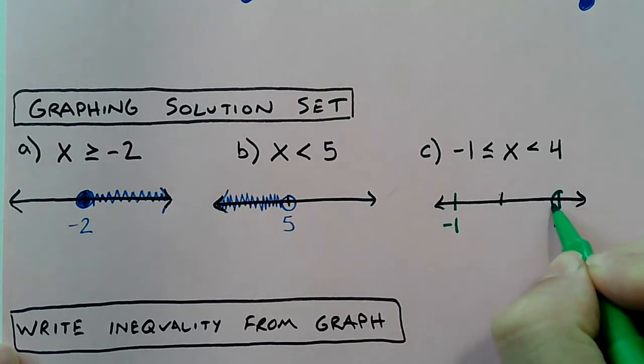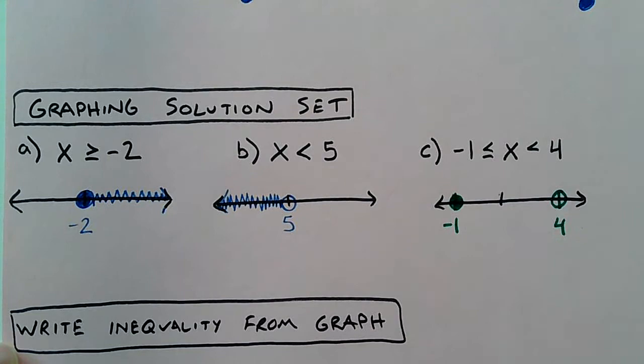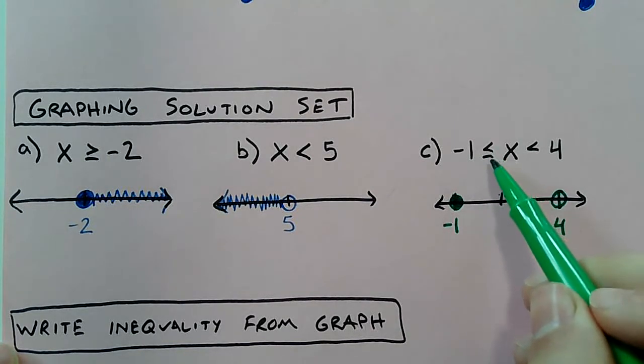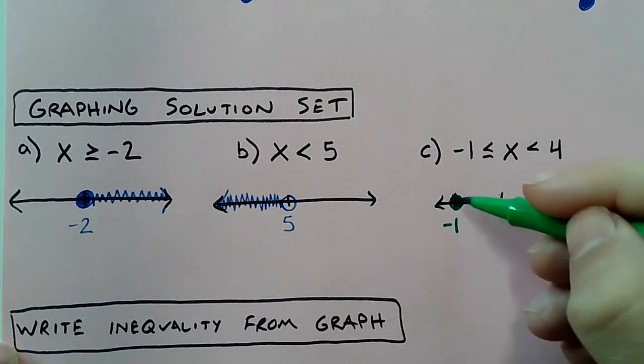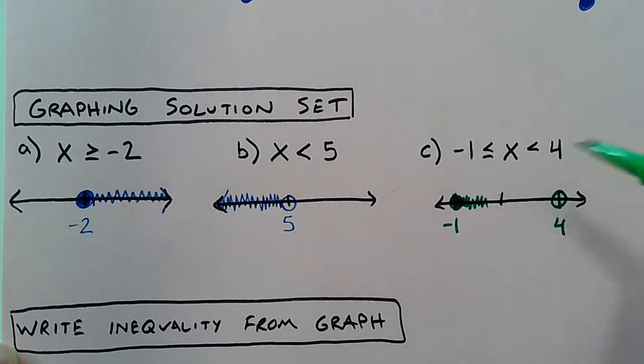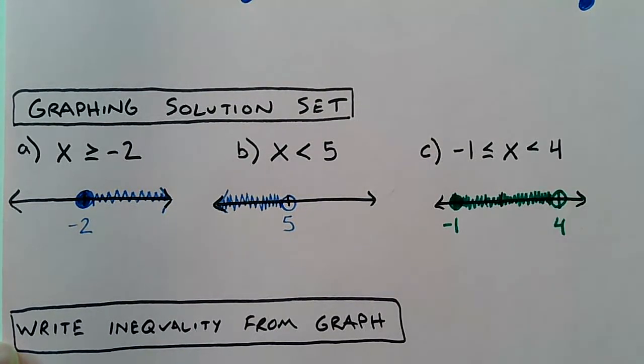So this gets an open circle, and this gets a closed circle. Now, -1 is less than my values of x, so it has to be the lowest point, which means I'm going to shade above it. And x is less than 4, which means I'm shading to the left. It's a little different than we're used to, but this is what's called a compound inequality.